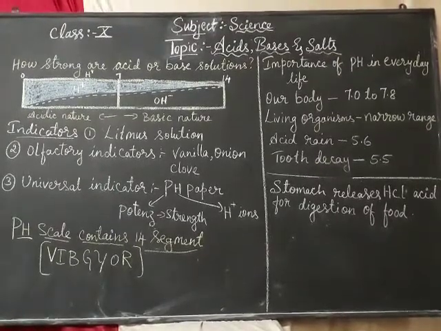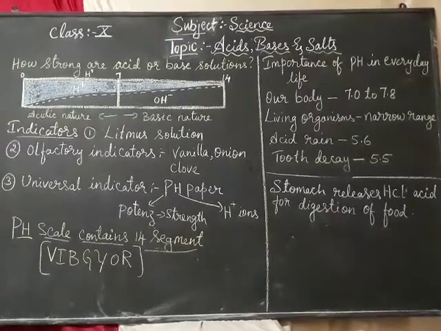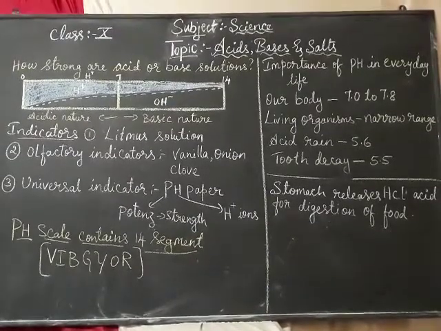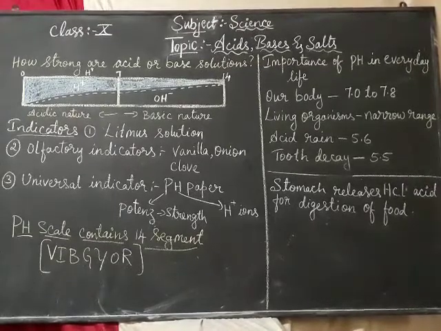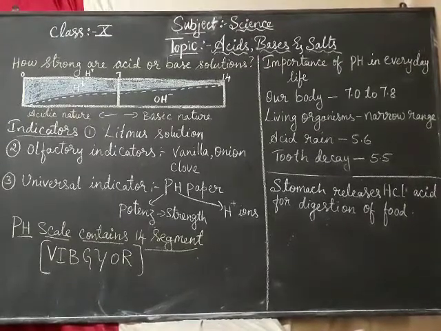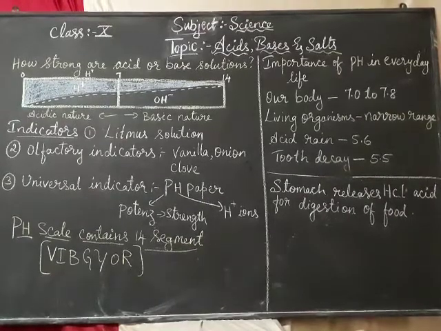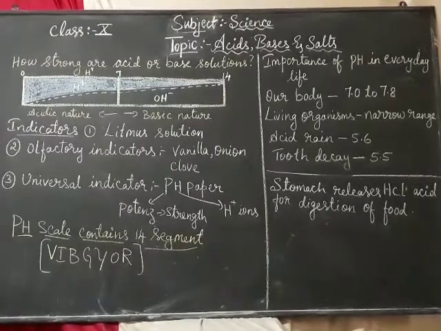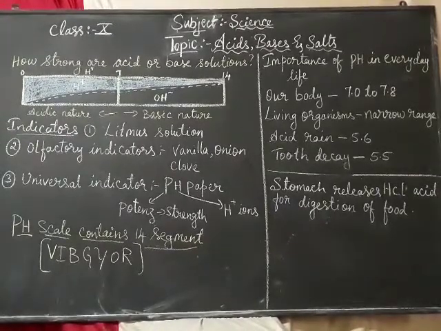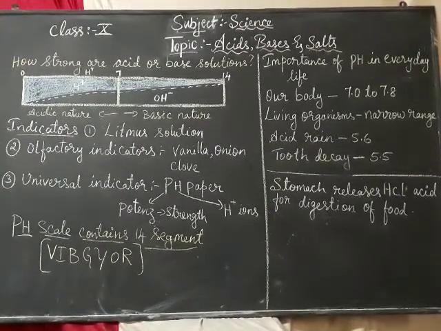What happens if it is acidic? Acid rain damages soil, crops, and monuments, like the Taj Mahal. Now the color of the Taj Mahal is diminishing because of acid rain. Acid rain contains sulfur dioxide, which diminishes the white color of the Taj Mahal.